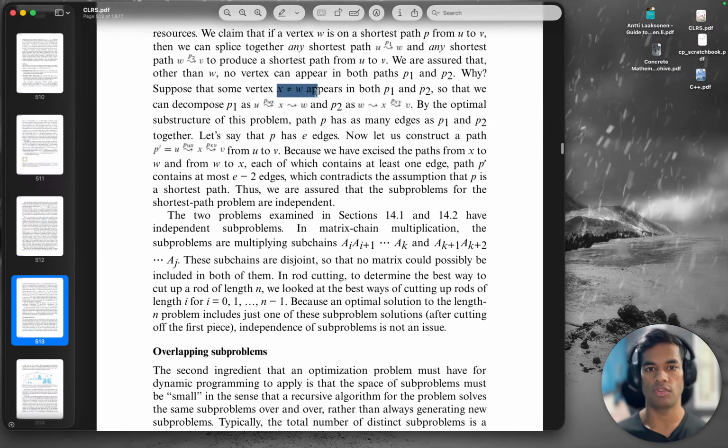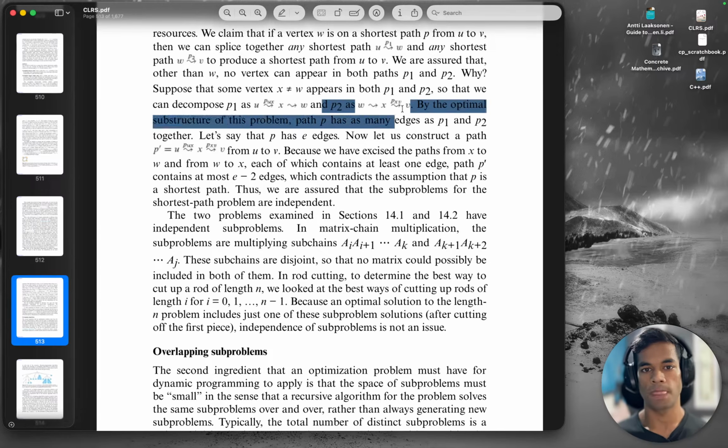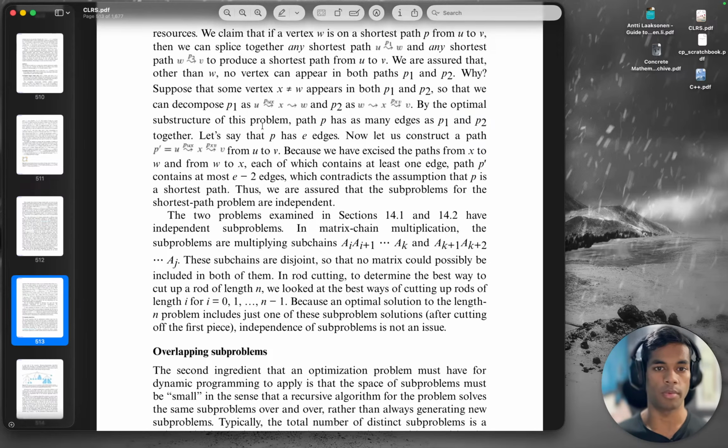Suppose that some vertex X, which is not equal to W, appears in both paths P1 and P2, so that we decompose our path like this: P1 from U to X and then from X to W, and P2 would be from W to X and then from X to V. By optimal substructure of this problem, path P has as many edges as P1 and P2 together. Okay, let's say P has E edges.